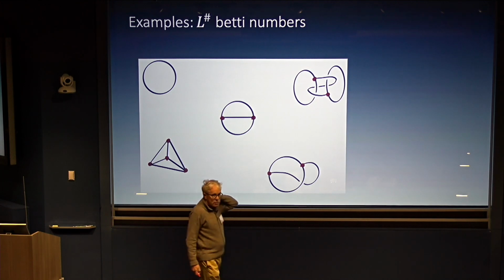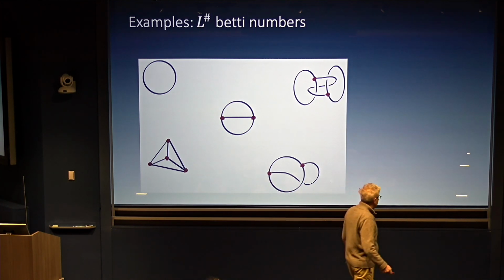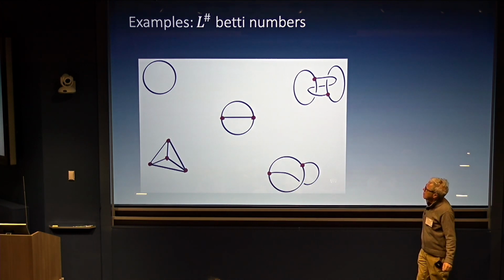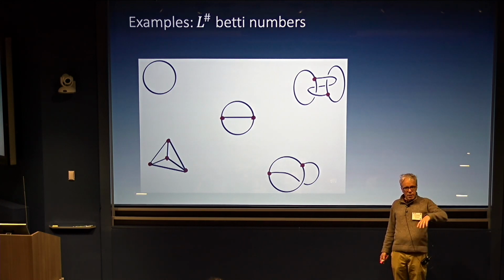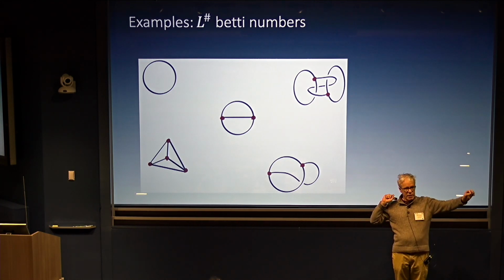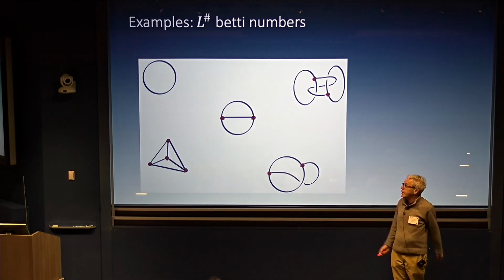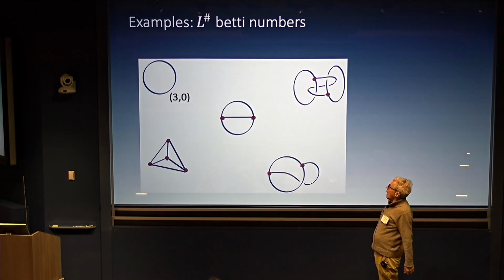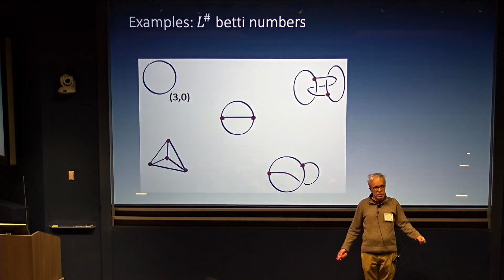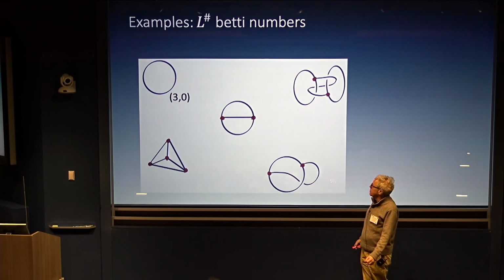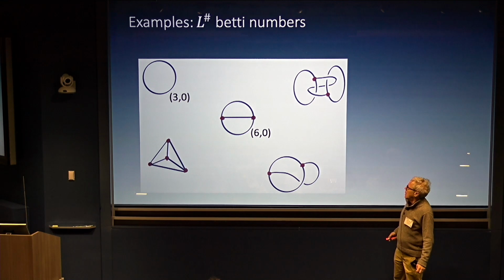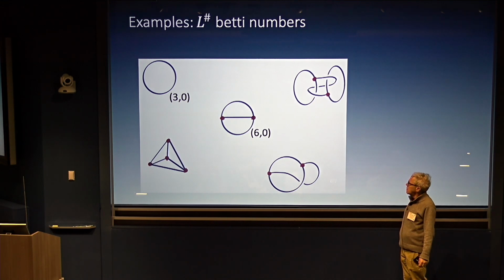We can compute L-sharp for simple examples. Because L-sharp has an even and an odd part, they're like 2 Betti numbers, the dimension of L0 and the dimension of L1. For the unknot, it's 3-dimensional and it's all in even degree. The odd part is dimension 0, even part dimension 3. Here, the theta graph, it's dimension 6 in even degree.